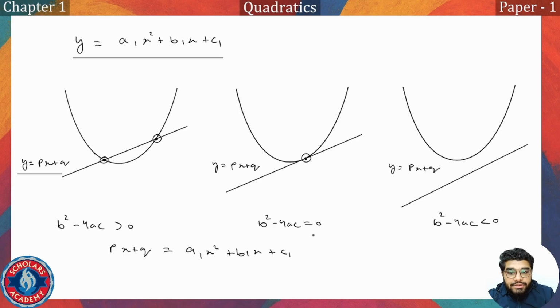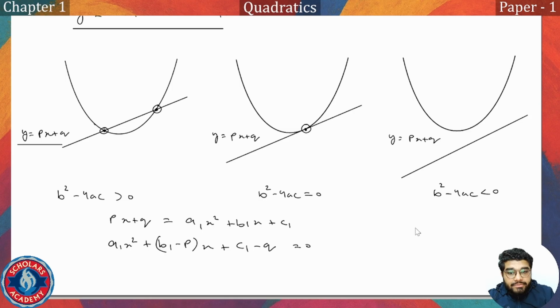So I'll bring everything to one side. We get a1x square plus (b1 minus p)x plus (c1 minus q) is equal to 0. So from here, if we compare it with the general equation ax square plus bx plus c is equal to 0, we get a is equal to a1, b is equal to b1 minus p, and c is equal to c1 minus q.